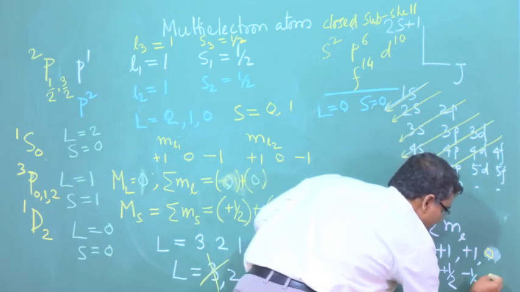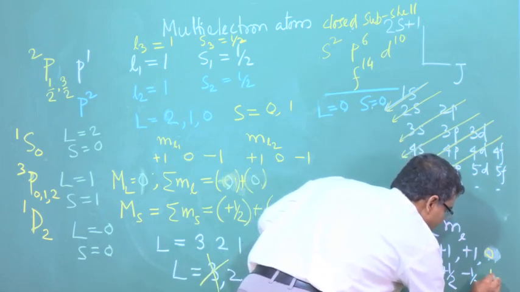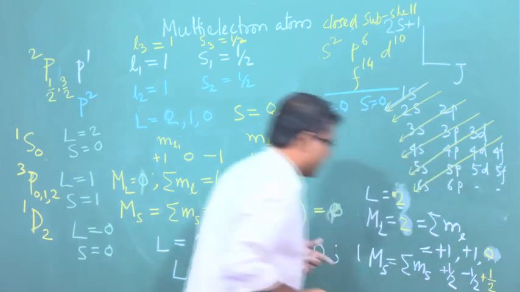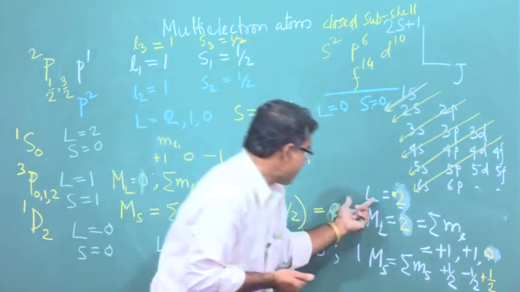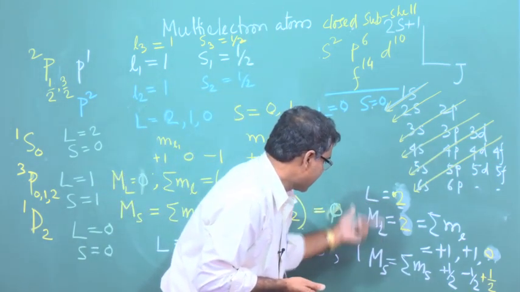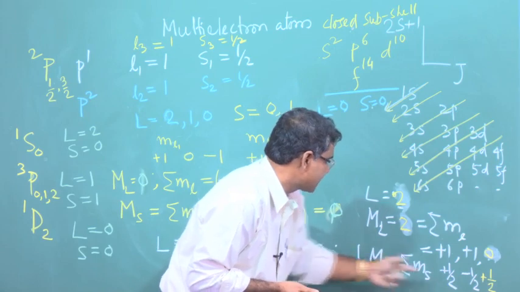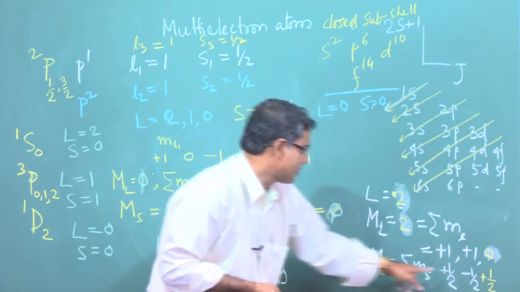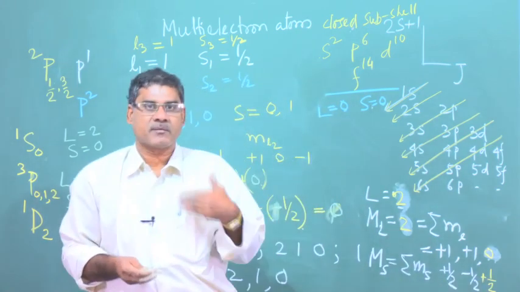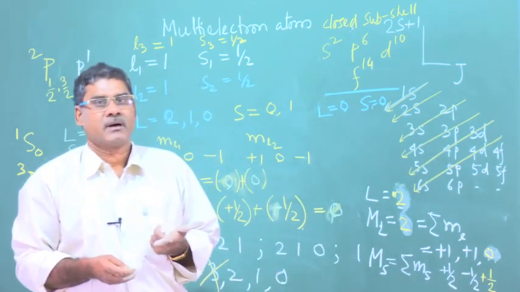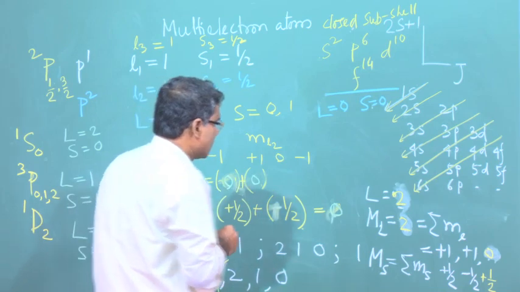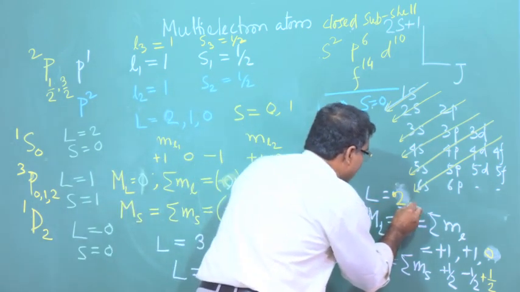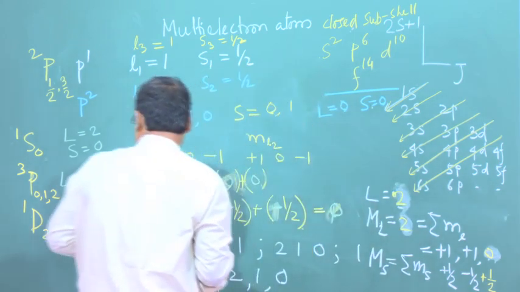Whatever you wish you can put, but generally we put plus half. So when L equal to 2, we are getting capital MS equal to half, that means S has to be half. So in this case for L equal to 2, S will be half.